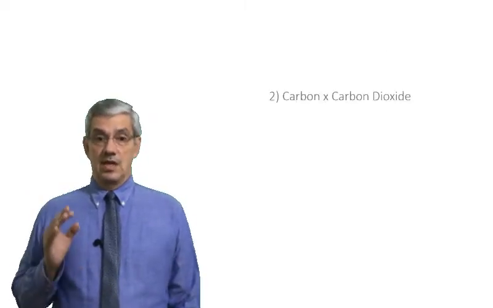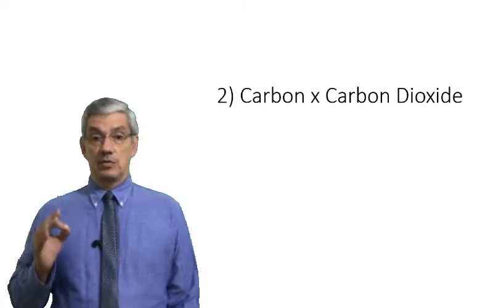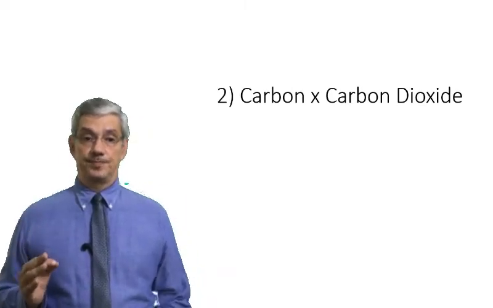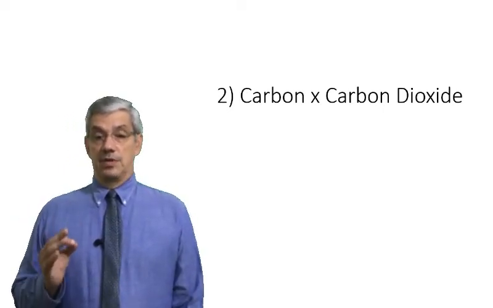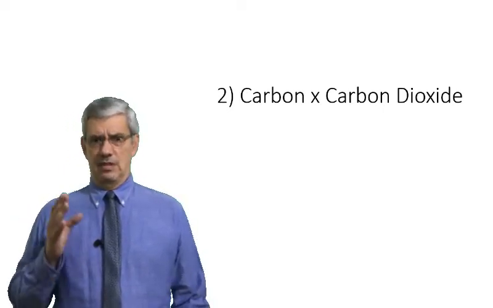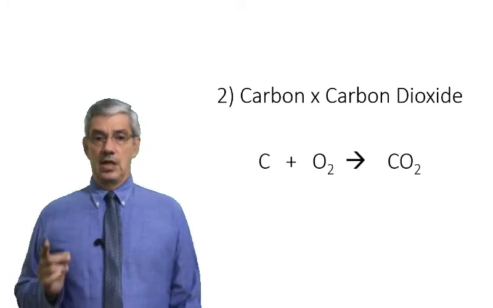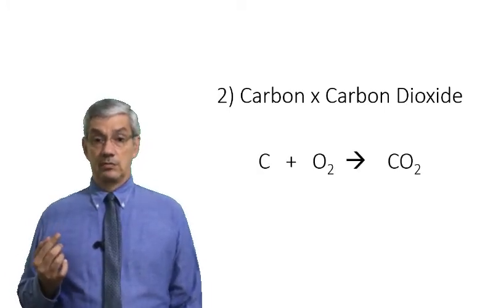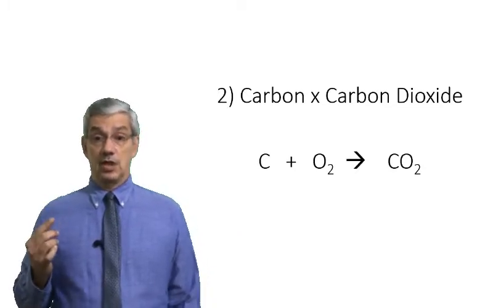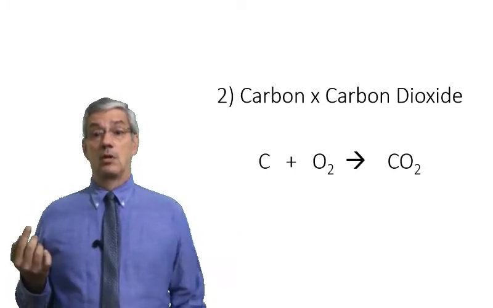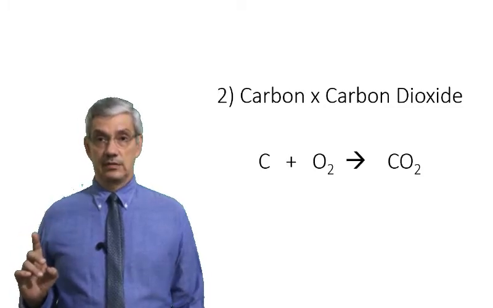Now, the second issue is carbon versus carbon dioxide in the atmosphere. The chemical reaction of burning of carbon is this one that appears there. 1 mole of carbon reacts with 1 mole of molecular oxygen and produces 1 mole of carbon dioxide.